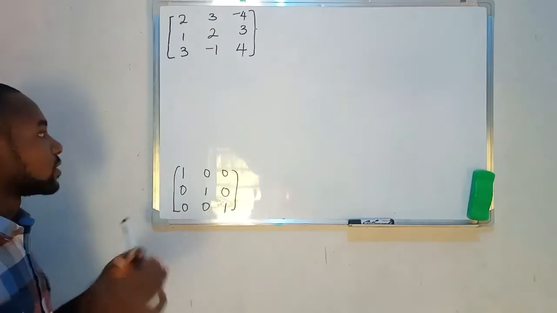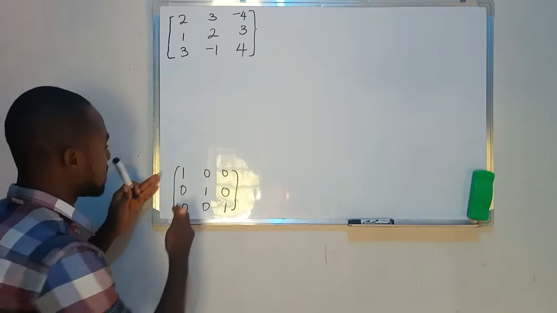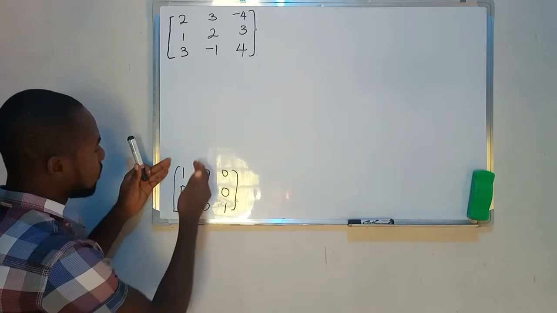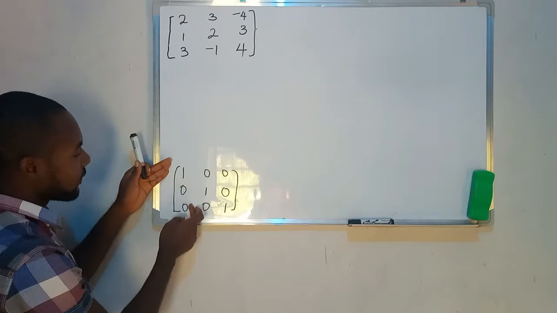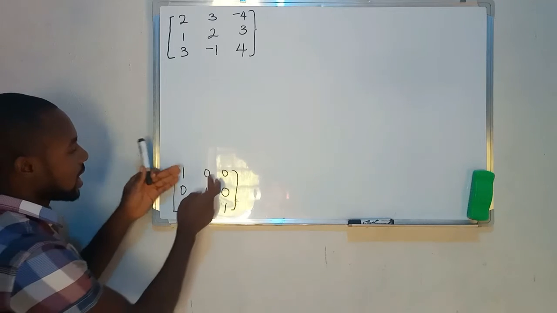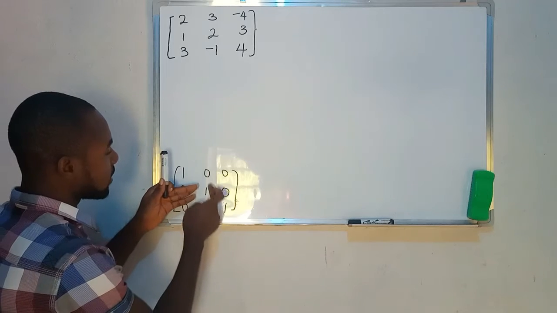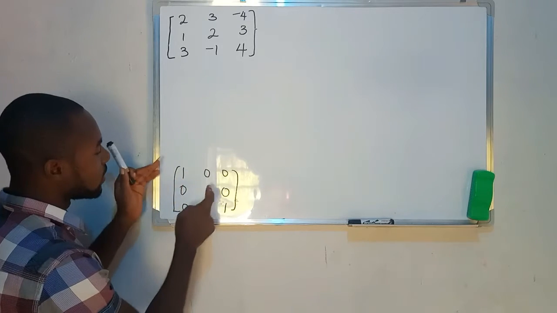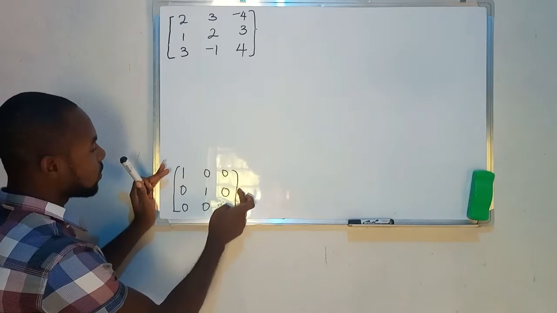The basic thing we look at is each column. Here in this column, we have 1, and then every other number under it is 0, and in this column we have 1 here, and the first number on top of it and the one below are 0, and then we'll have 1 as the last number in this column.